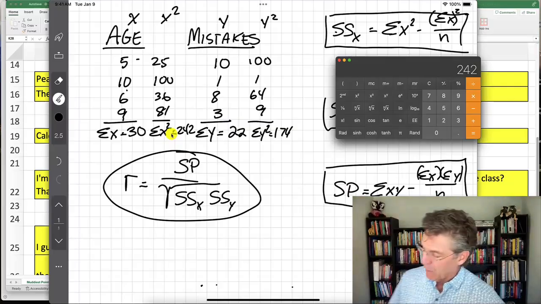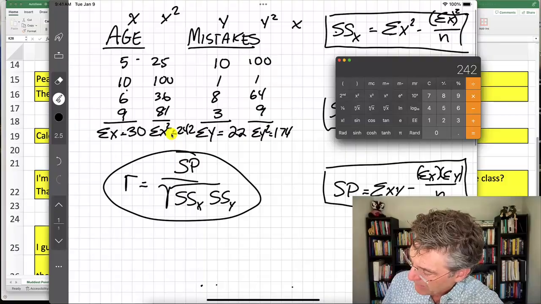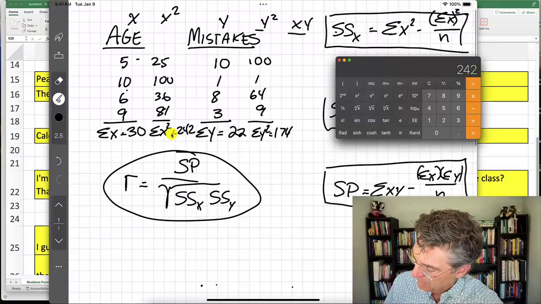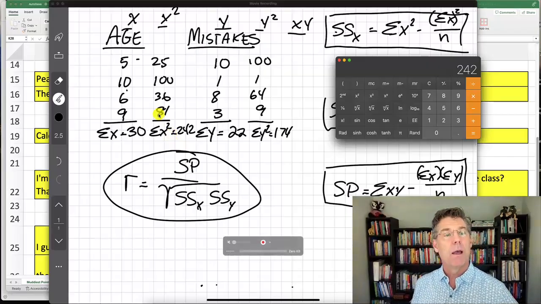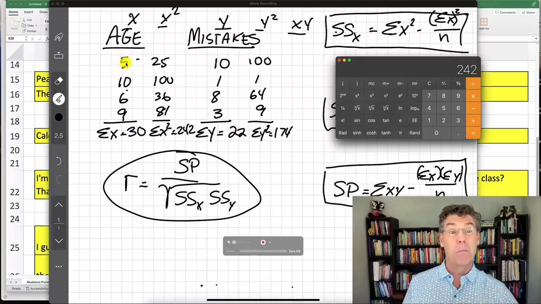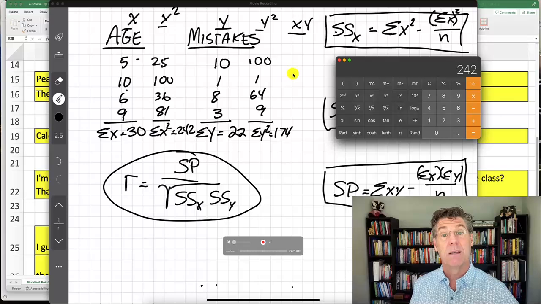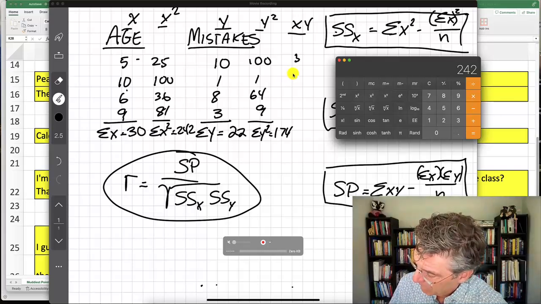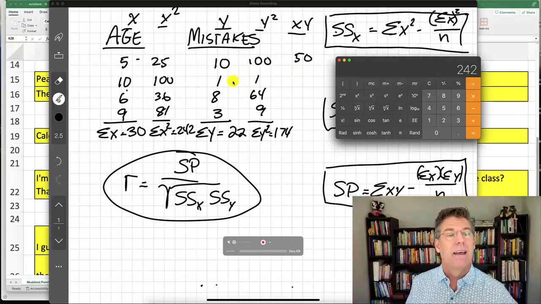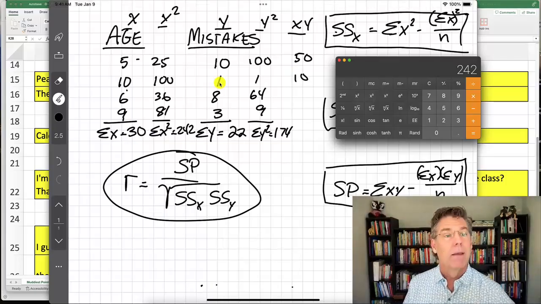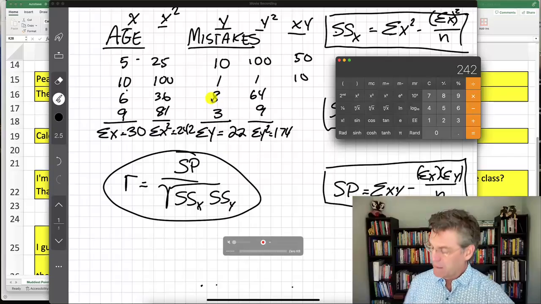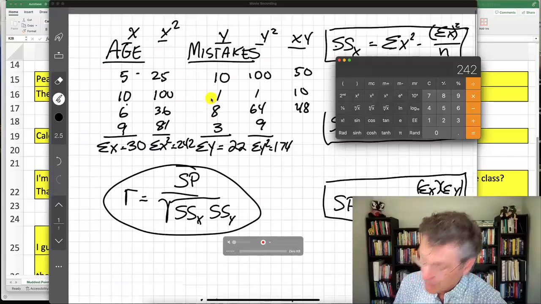The last thing I want to do then is create an x times y column. And in my x times y, I'm going to take the original scores of age and mistakes and multiply them. 5 times 10 is 50. 10 times 1 is 10. 6 times 8 is 48.